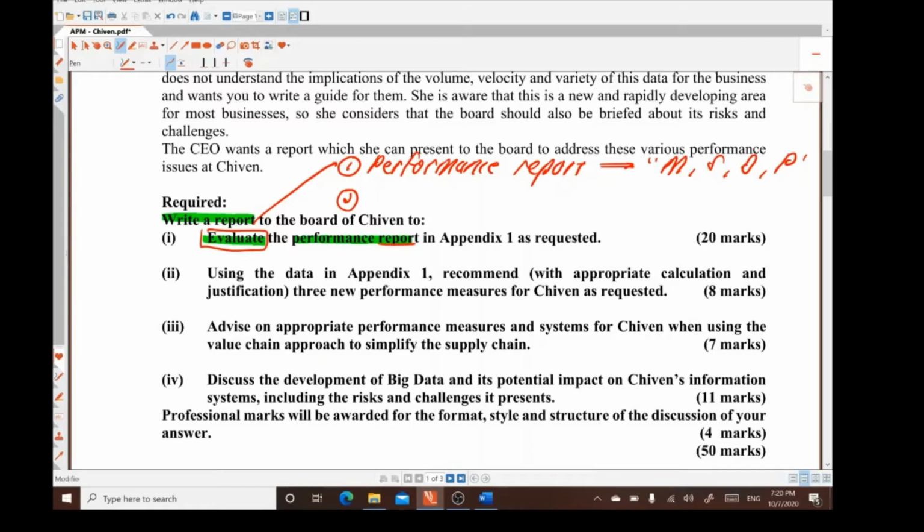So always remember these, which means they do not really need you to assess their overall performance using the ratios. No, because they are merely looking at the keyword here, which is the report. So that's what we call the MSDP. We'll take a look at this question shortly.